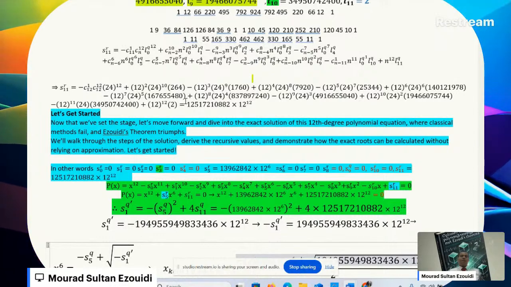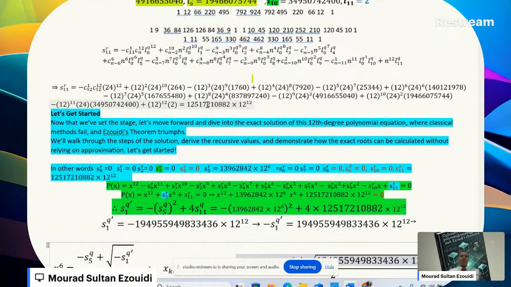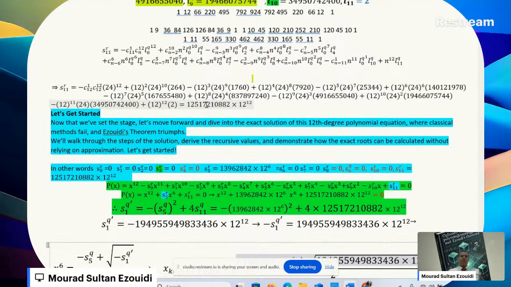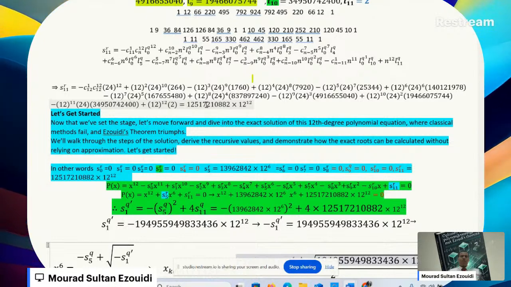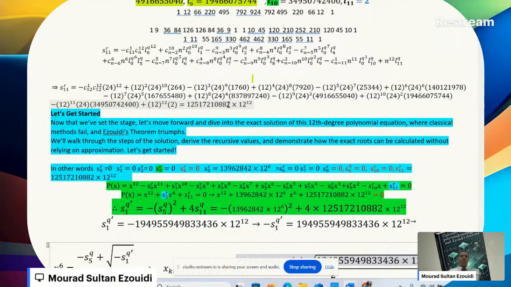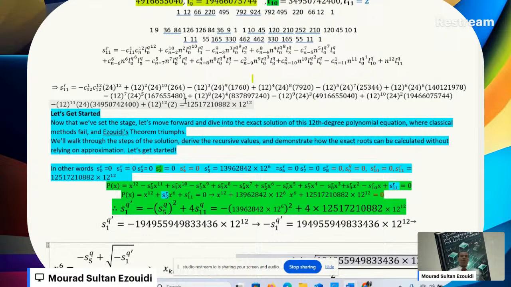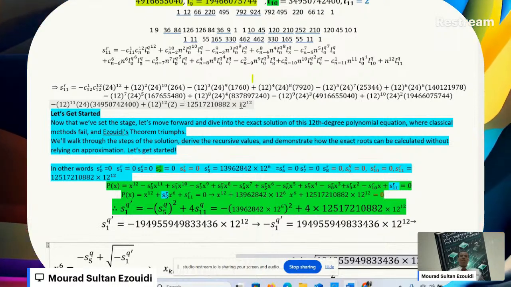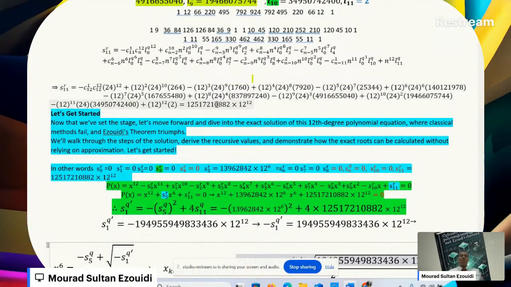You calculate this and you declare that it is equal to 12,517 million 210,882 times 12 raised to the power 1. So this is the exact value of S11.